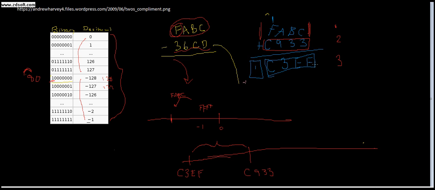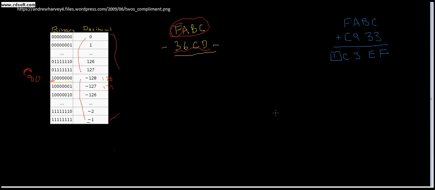The way we do that, let me rewrite the problem and then we're going to check. So now that I've rewritten the problem, let's check to see if it's correct. FABC, what number is that when we interpret it as signed? What we have to do is take the 2's complement, FFFF minus FABC.